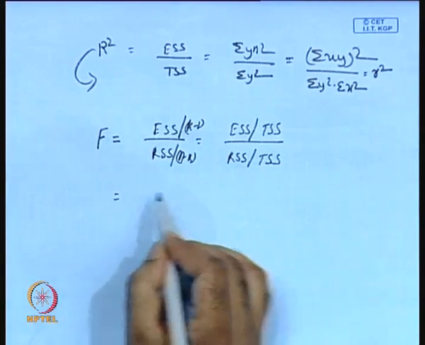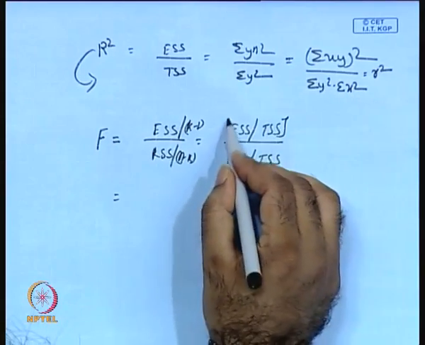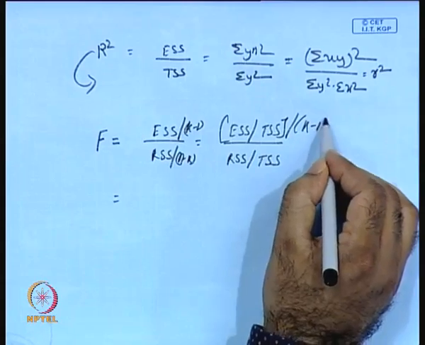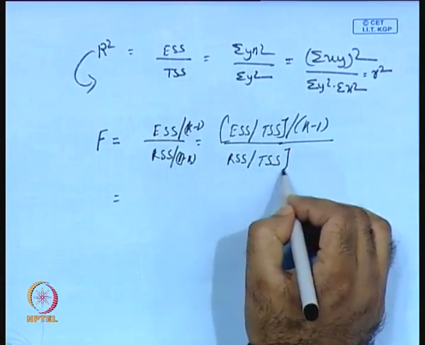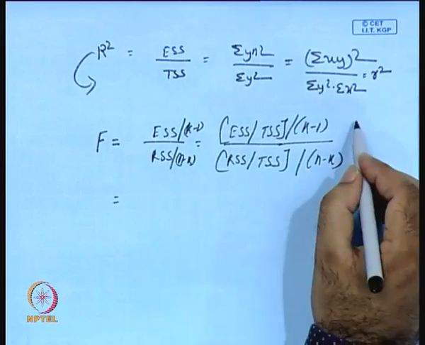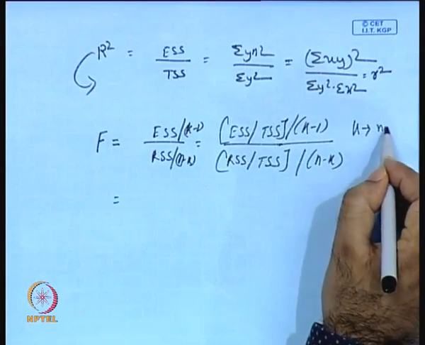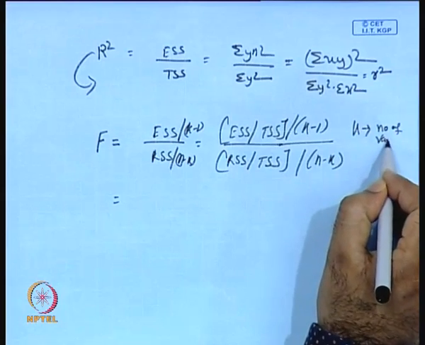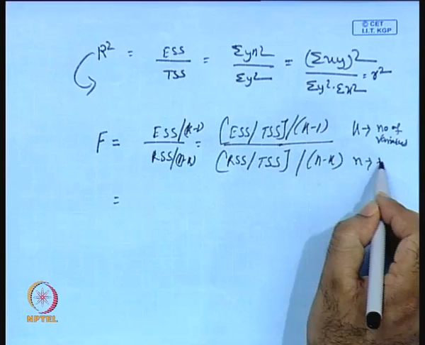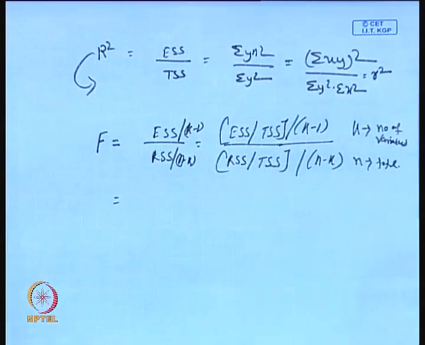Here k represents the number of variables or parameters in the system, and n represents the total number of observations in the system.